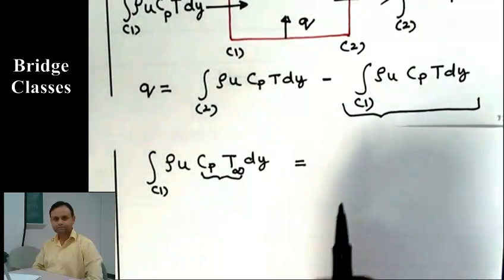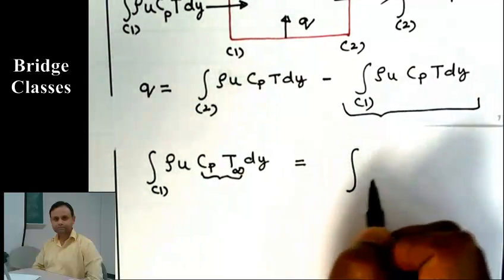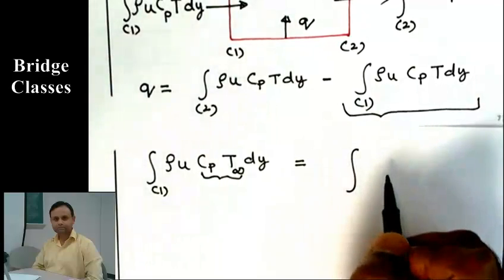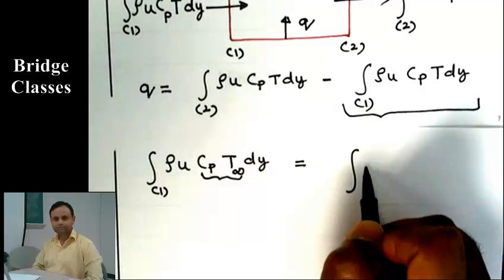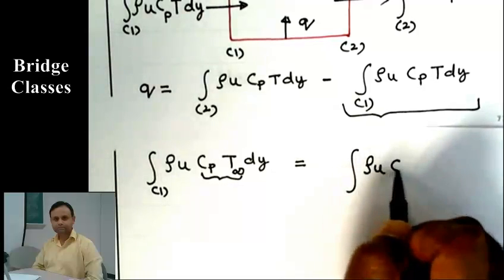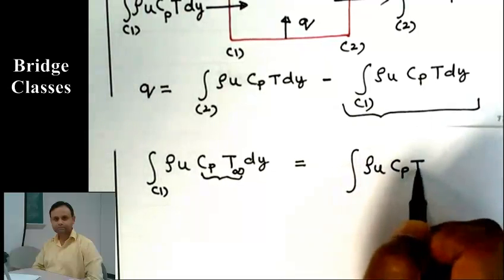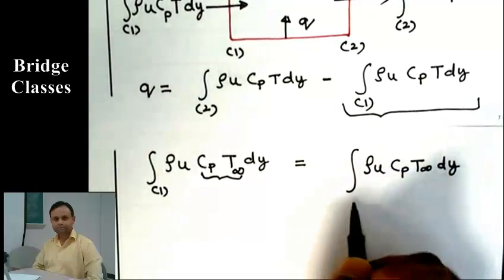So what you get is the integral of rho u c_p T infinity dy at section 2.